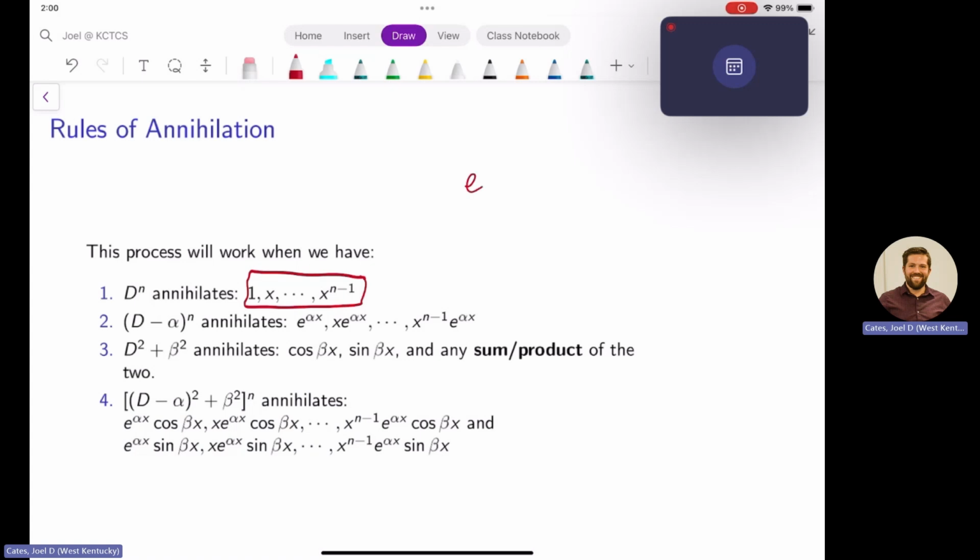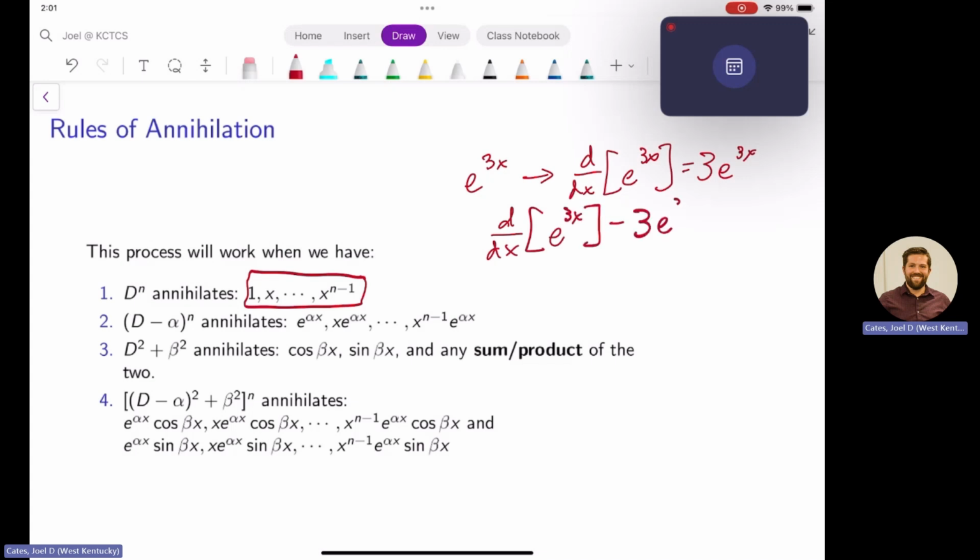Now, when it comes to e to a power, well, let's think about this. If I had e to the 3x, its derivative is going to be 3 e to 3x. Well, if I took the derivative of e to the 3x and subtracted 3 e to the 3x, that would be 0, right?